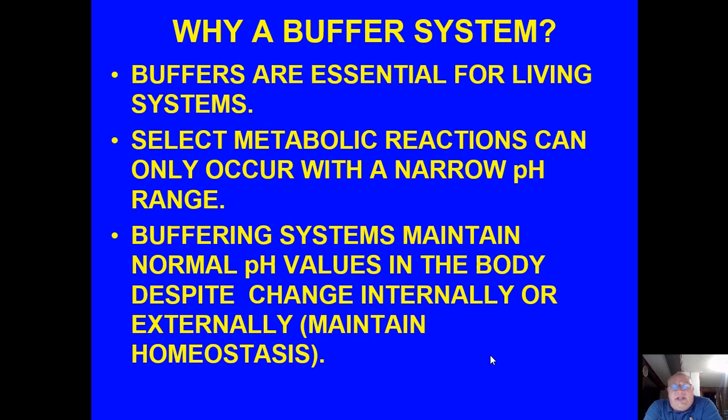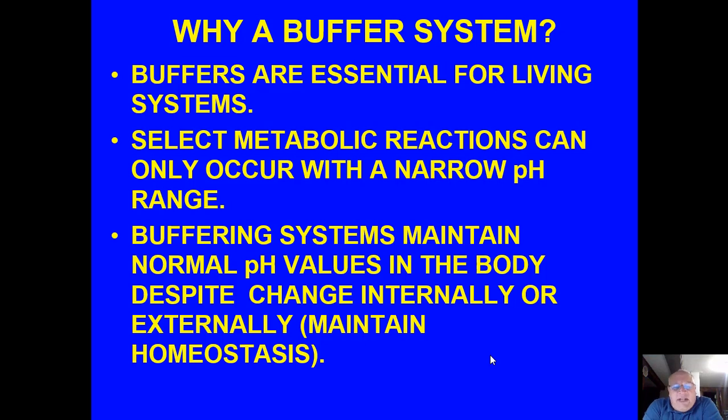So what you want to do is, instead of having these rapid shifts in pH going from 7.35 to, wow, 8.7, you've got buffering systems that will release hydrogen ions if you go too much in the alkaline range, and absorb excess hydrogen ions so you don't go too deep into the acidic range.